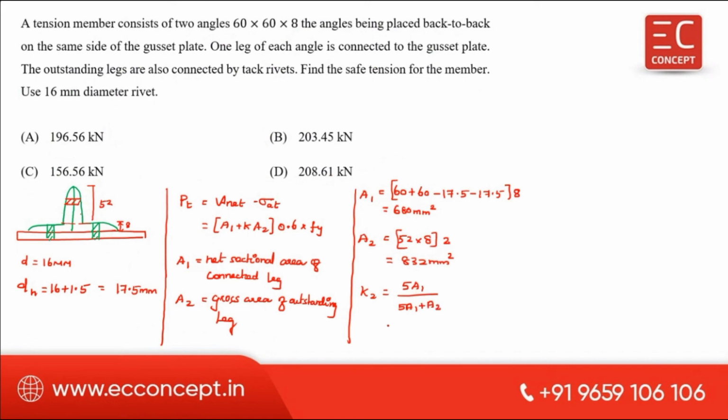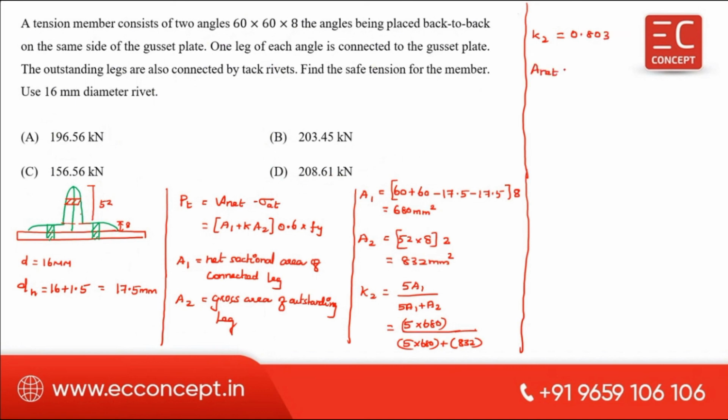Substitute 5 into A1, 680, 5 into 680 plus A2, 832. Your answer K2 is approximately 0.803.